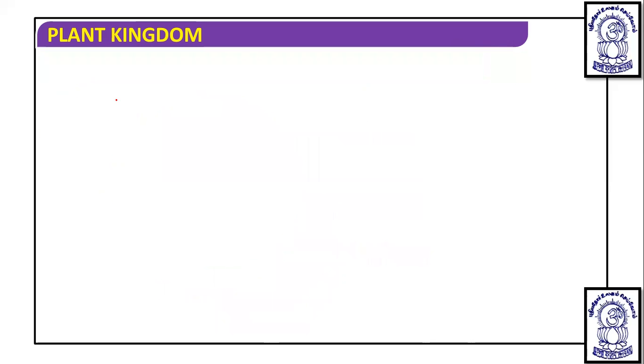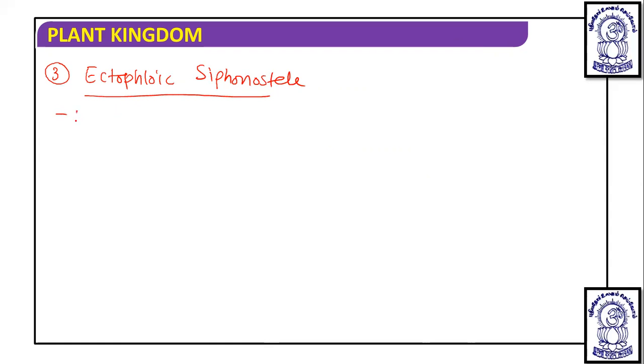Apart from this, siphonostele is of two more types, and the third type of siphonostele is known as ectophloic siphonostele. Ectophloic siphonostele means phloem is on one side of xylem only.